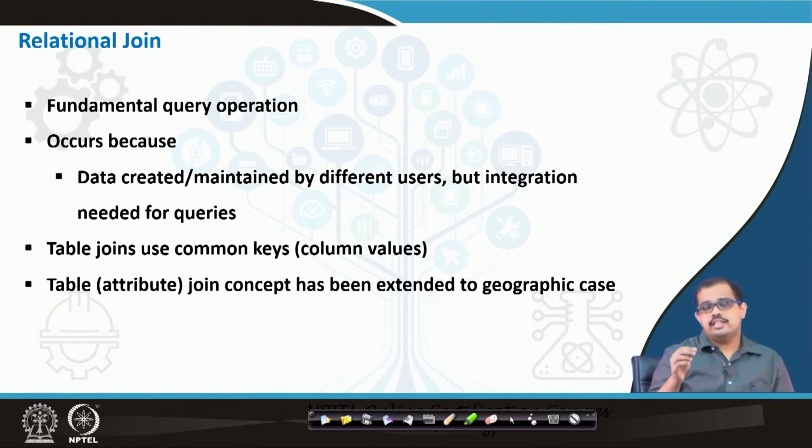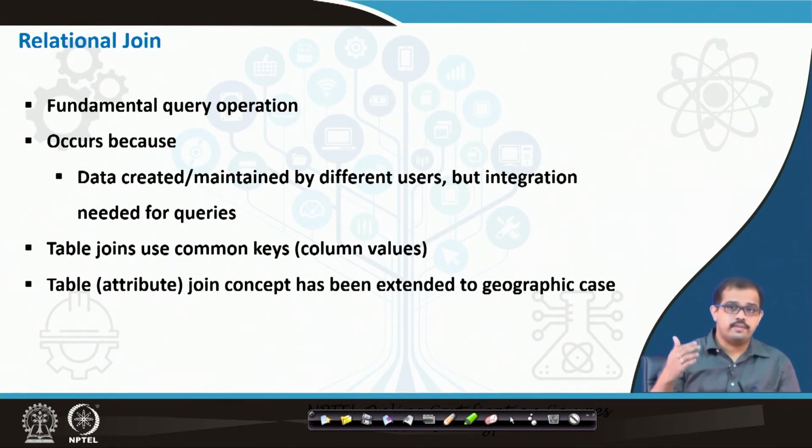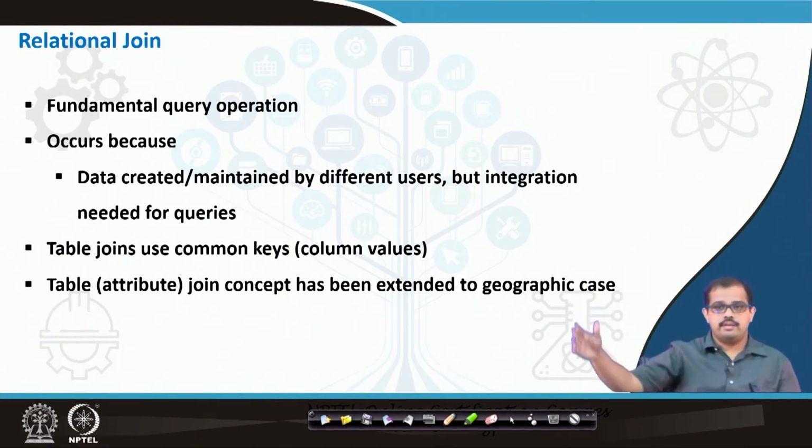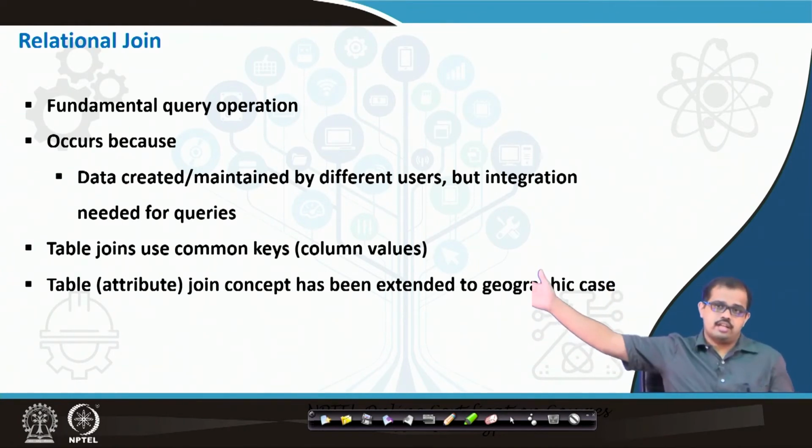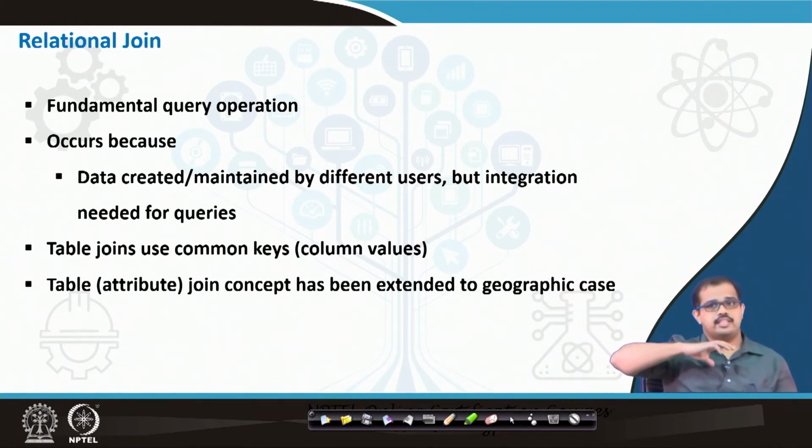It may occur because your data is created and maintained by different users, and by integration, it needs to be queried. Or, for example, you have common keys in different tables and you want to merge all those tables to get a common output. For example, instead of giving a policeman 2-3 tables in 2 different places, I would give him the entire record, whatever he is able to access, in a single table.